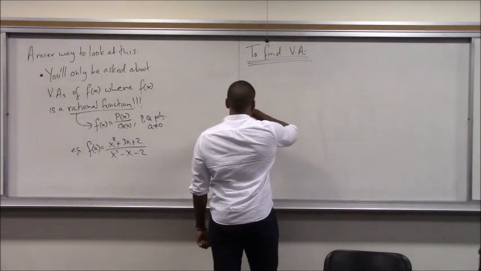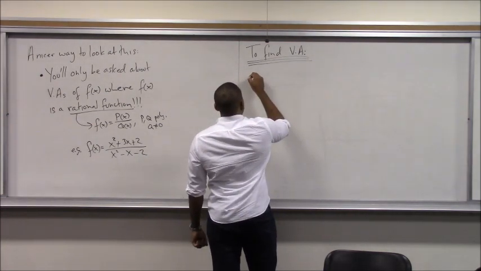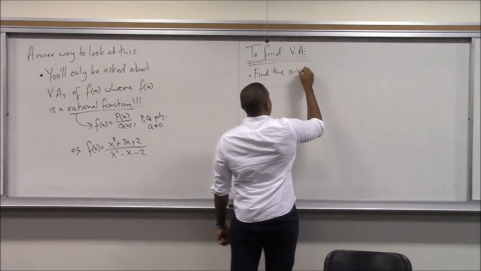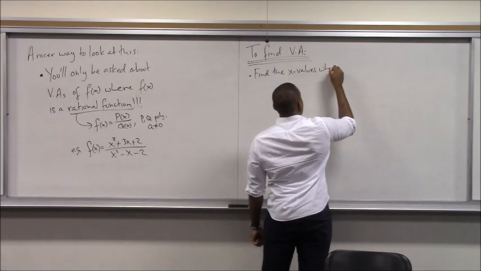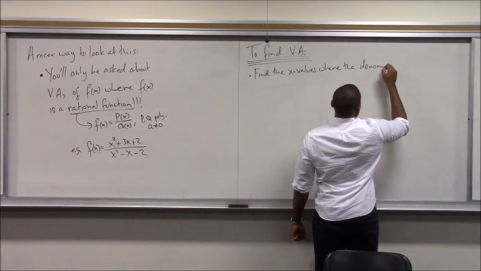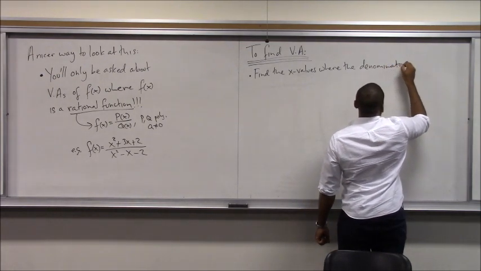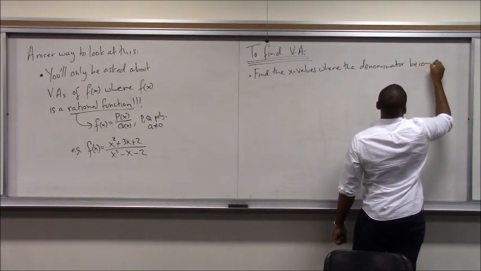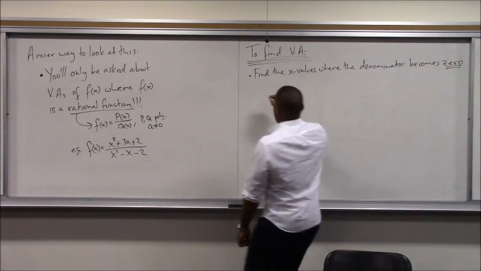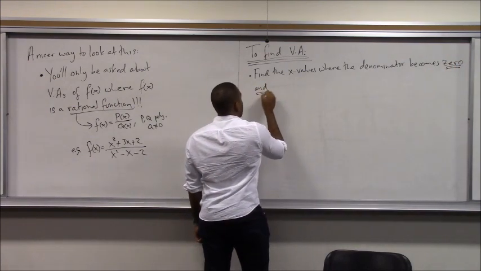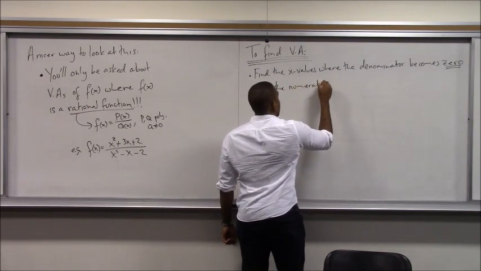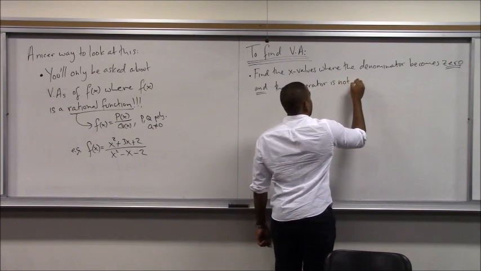To find vertical asymptotes, find the x values where the denominator becomes 0 and the numerator is not 0 at the same time.